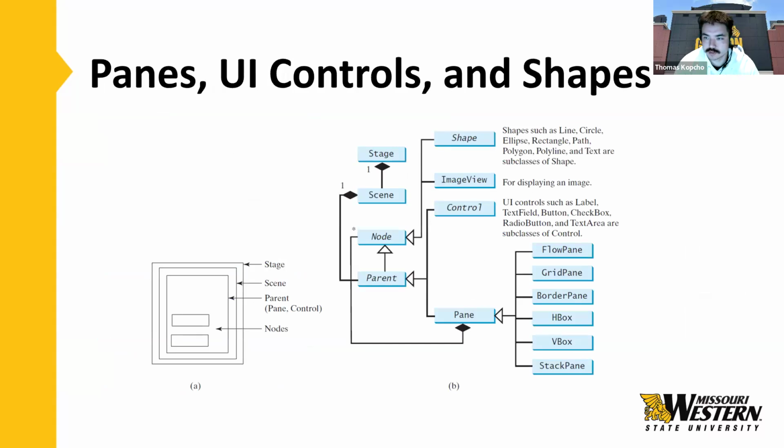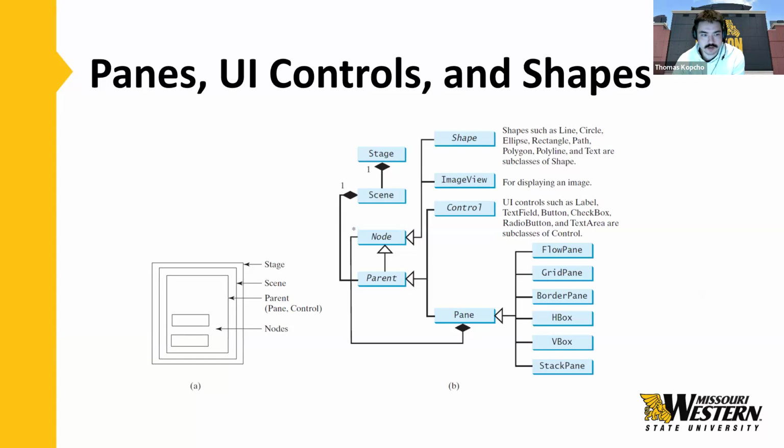Yeah, nodes can be the various things like shapes, controls. Kind of said that already. Under node, it's showing here Pane. A Pane in JavaFX is a specialized subclass of Parent, used for positioning and managing child nodes. And I'll get into these in a couple of slides. And yeah, there's different kinds of layouts.